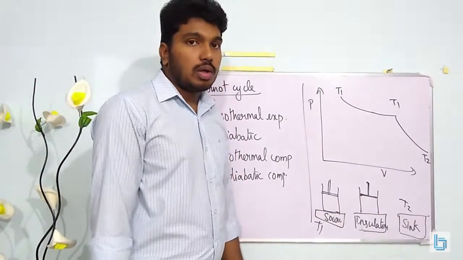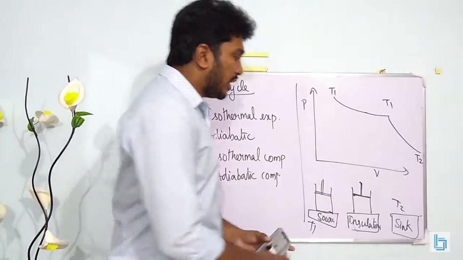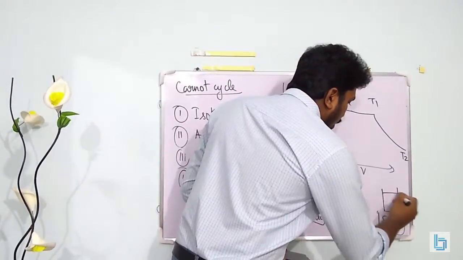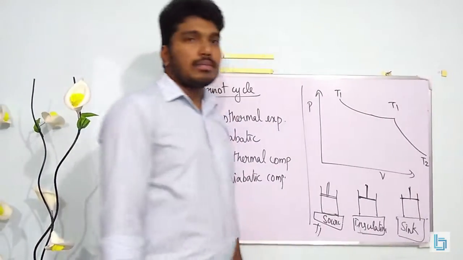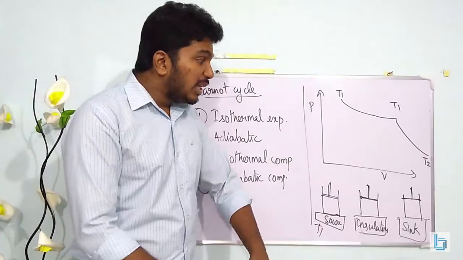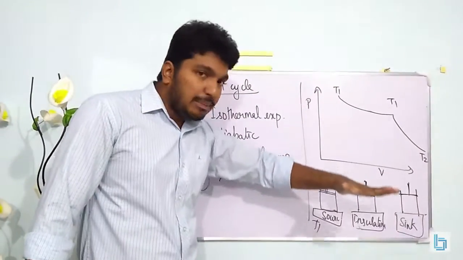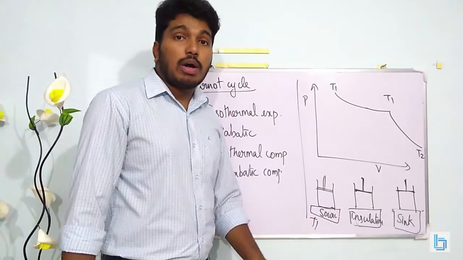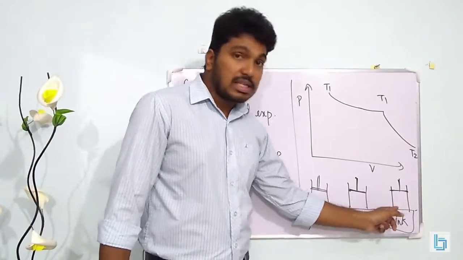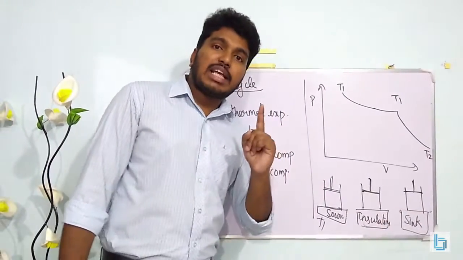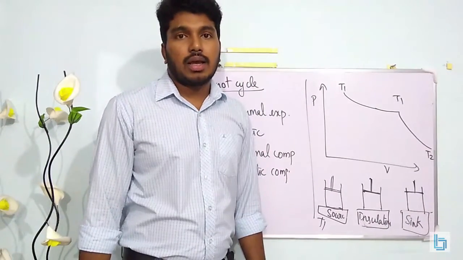Okay. Now you know what we are going to do? We are going to take the cylinder arrangement and place it on the sink. And now we will be doing some work and compressing the piston down. So what will happen? The volume decreases, and as a result of the decrease in the volume, the temperature inside will be increasing.